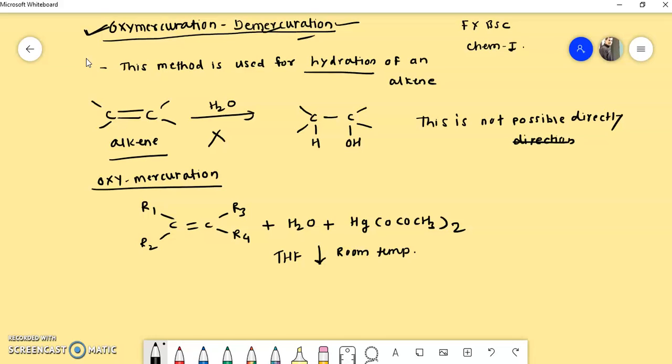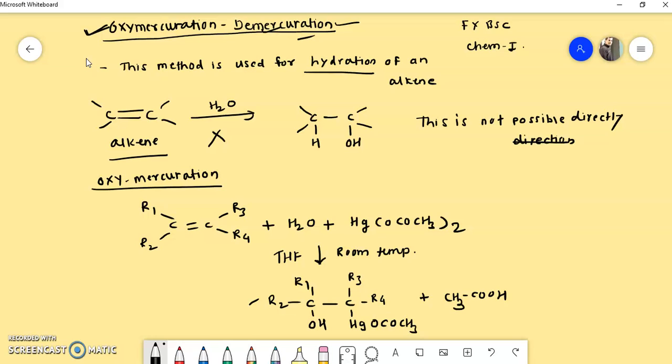You will find here that this is R2, R1 as it is, R3 as it is, R4 as it is. What happened: here comes OH and here comes HgOCOCH3, and the side product is acetic acid, CH3COOH.